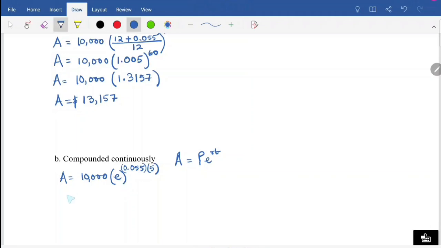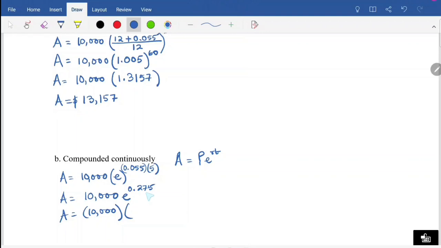All right, so now let's continue. A equals 10,000, and then 0.055 times 5 will give e raised to the power 0.275. So we have 10,000, and now I'm putting the 10,000 in brackets, e raised to the power 0.275. You have to do this calculation on your calculator.